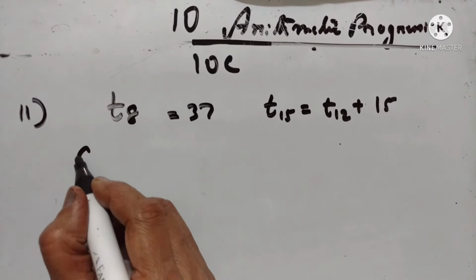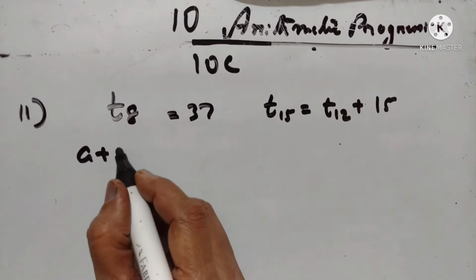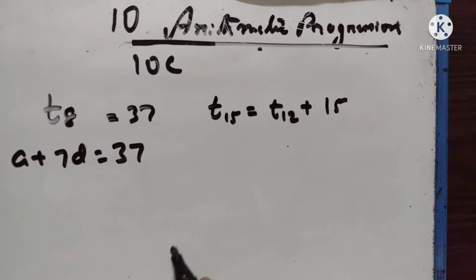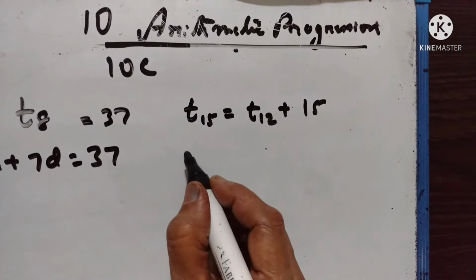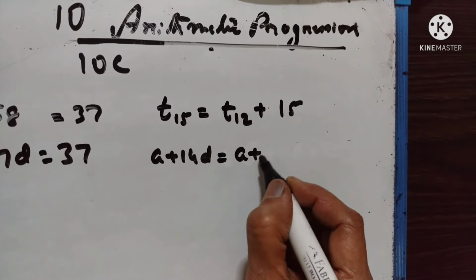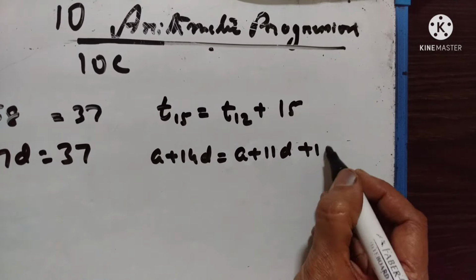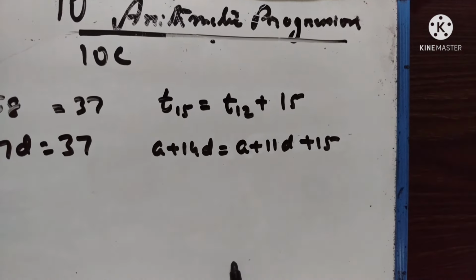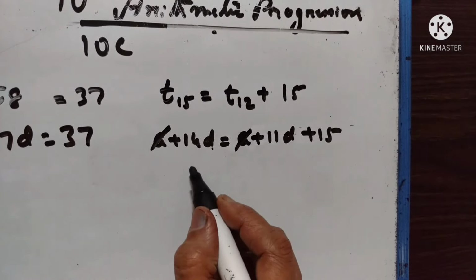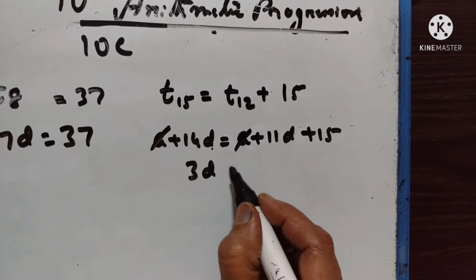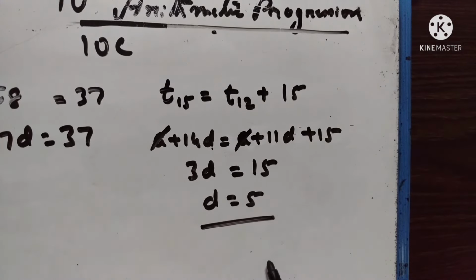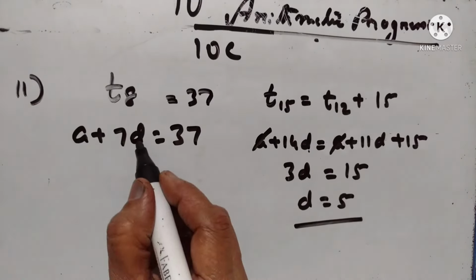T8 is equal to A plus n minus 1 D, so A plus 7D is equal to 37. Also A plus 14D is equal to A plus 11D plus 15. A goes off. 14D minus 11D is equal to 3D, which is equal to 15. D is equal to 5.